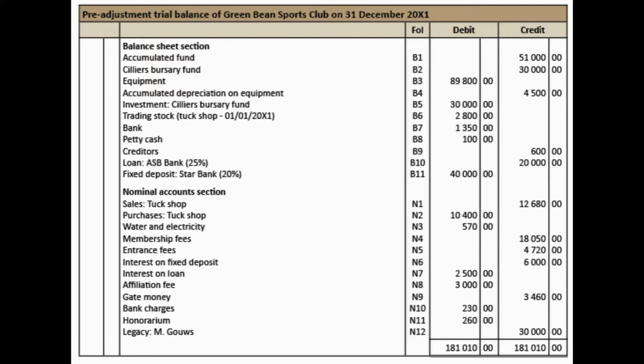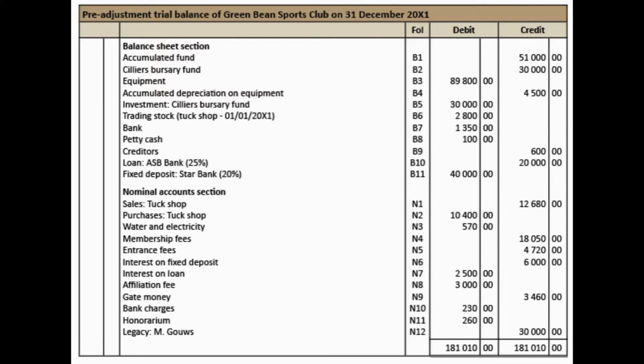If we get a total in the pre-adjustment trial balance, it means this was the balance at the end of the year, okay? So in other words, the reverse entries at the beginning of this year, at the beginning of this period, those reverse entries have already been taken into account in that balance. The balance or the total that they give us is 18,050.